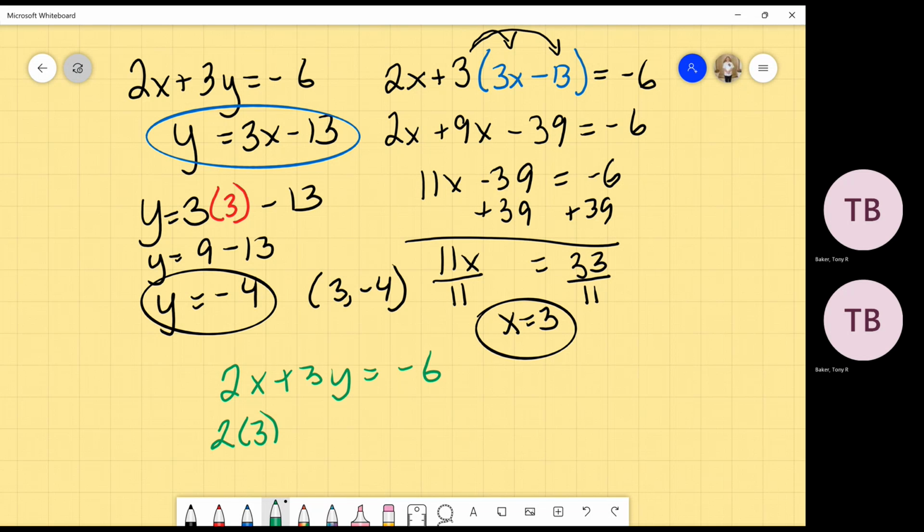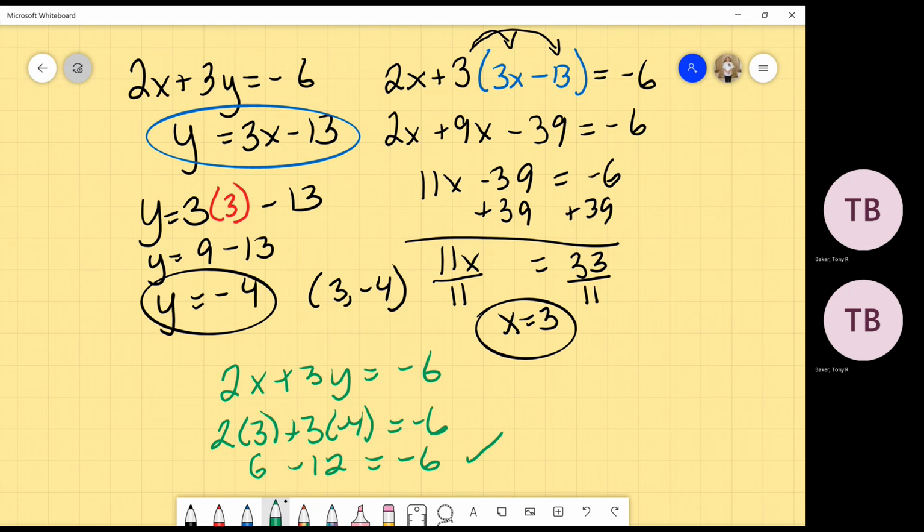So 2 times 3 plus 3 times -4 equals -6. So 6 minus 12 equals -6, and that's true. So as long as it works in the other problem, I know that's my answer. And I know I didn't get it wrong. If it doesn't work in that other problem, you know you made a mistake. Go back and look.